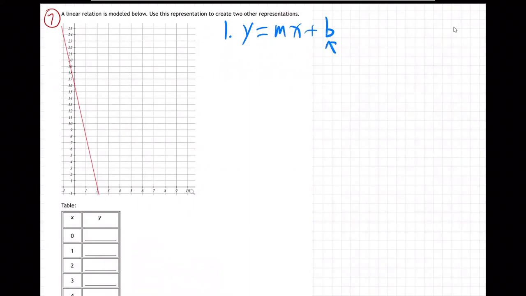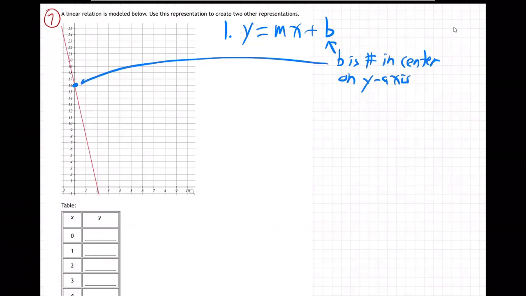Let's say b. B is the number in the center on the y-axis. So in other words, it's this number right here.